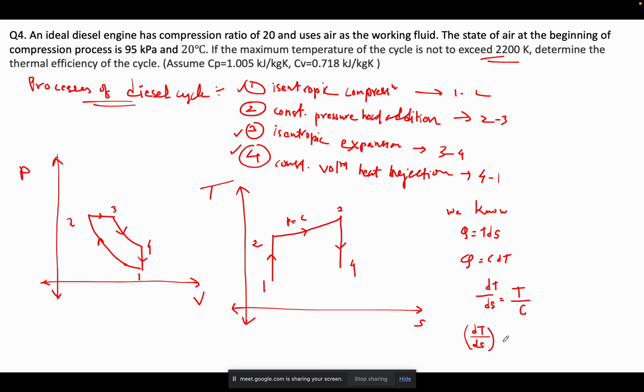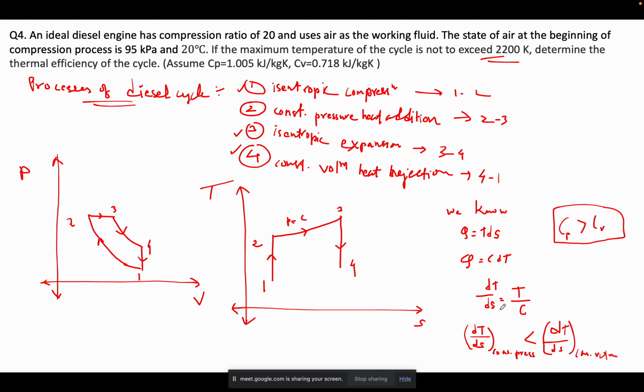So dT by dS for constant pressure will be less than dT by dS of constant volume. Why? Because we know Cp is always greater than Cv. So dT by dS for constant pressure will be T by Cp, and dT by dS for constant volume will be T by Cv.